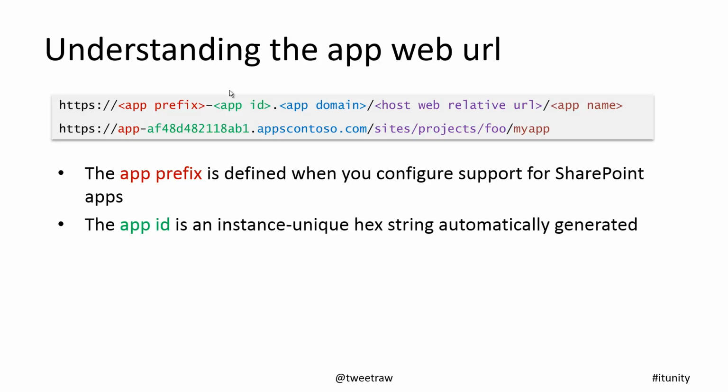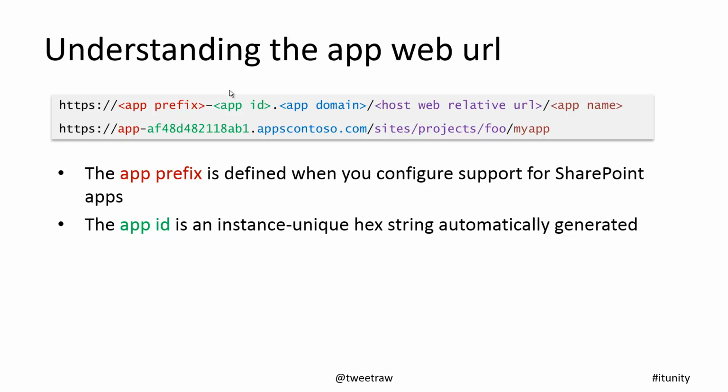The second is an application ID. This is something SharePoint will do for you automatically. It's one of the service applications, as we'll see. And it's basically sort of like a GUID. So it's a unique hex string that's going to uniquely identify this instance of the application. So again, I said this instance.